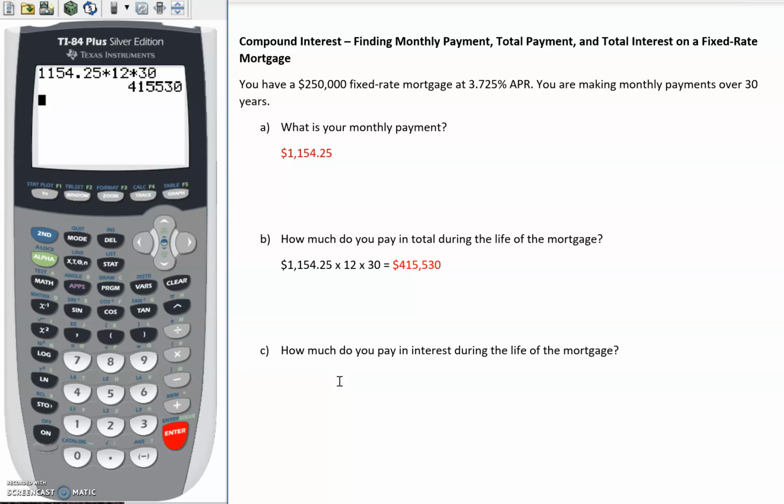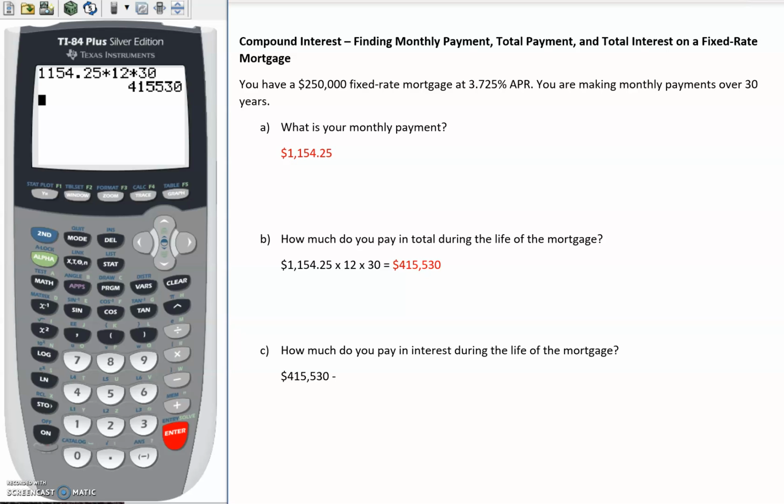Okay, so how much interest did we pay during the life of the mortgage? Well, there are a couple ways to solve this as well. I'm going to show us two ways. One is just to use what we already have. So in Part B, we calculated that the total amount that we paid was $415,530.